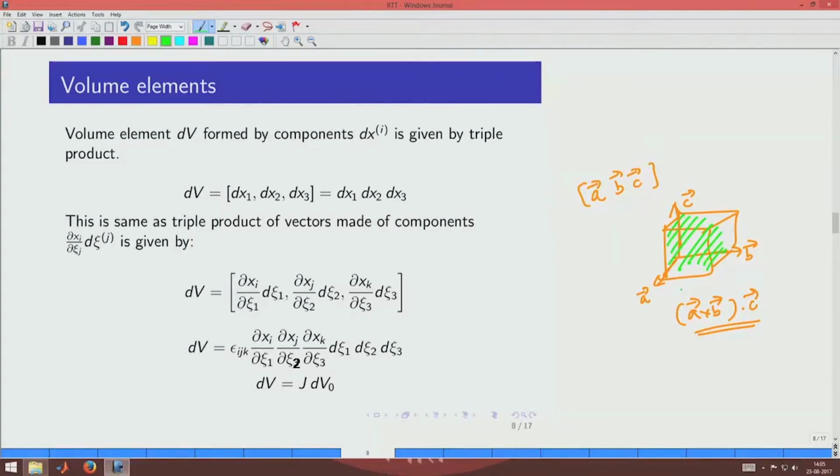It is bounded by the 3 vectors A, B, C. So, here dV is nothing but the volume bounded by the 3 vector components dx1, dx2, dx3, and we just write it straight away by multiplication of all the 3 because it is an orthonormal coordinate system, which means that this is the volume of the control volume which is specified in the spatial coordinates, which will change as a function of time because the control volume is moving around and it will be expanding and shrinking with respect to the external observer, which is what we are doing here as spatial coordinates.